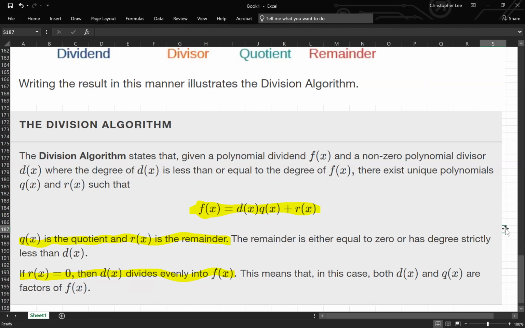D of x is the divisor, q of x the quotient, r of x the remainder. The remainder is either equal to 0 or has degree strictly less than d of x. If r of x is equal to 0, then d of x divides evenly into f of x. This means that in this case, both d of x and q of x are factors of f of x.